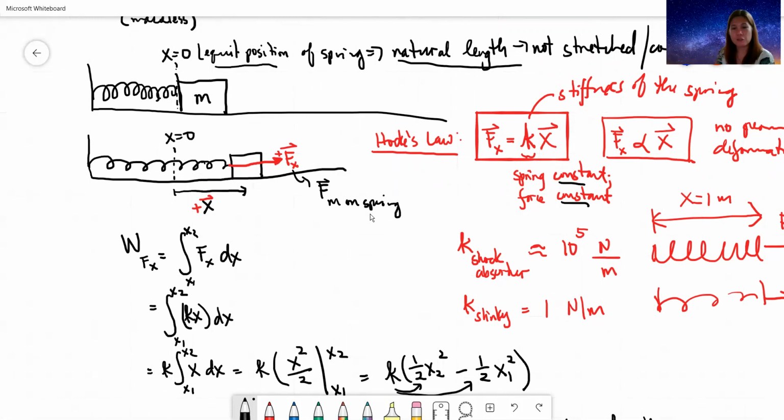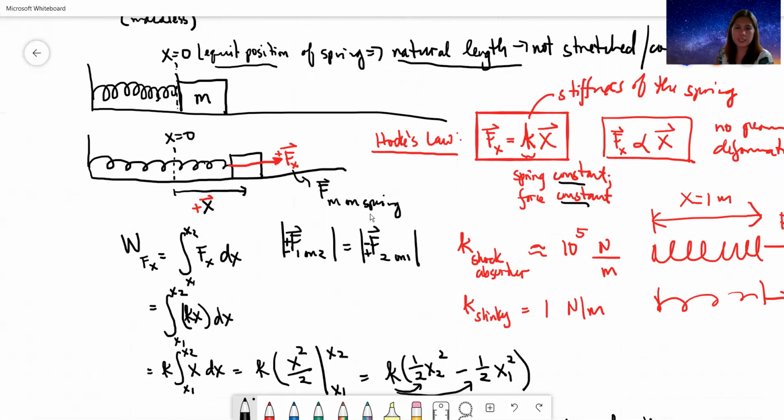There will be a reaction force. If you recall in Newton's third law, action-reaction, the force of one on a second object is equal in strength to the force of 2 on 1. But if 1 on 2 is positive, this must be negative. If this is negative, the reaction force is positive.